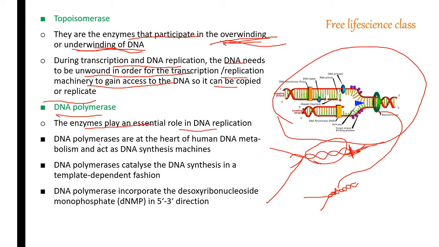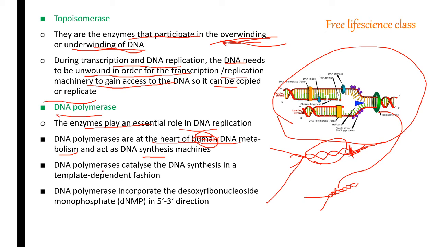We can say that DNA polymerases are the heart of human DNA metabolism. Not only human, in each organism the DNA polymerase plays an important, crucial role in DNA synthesis.